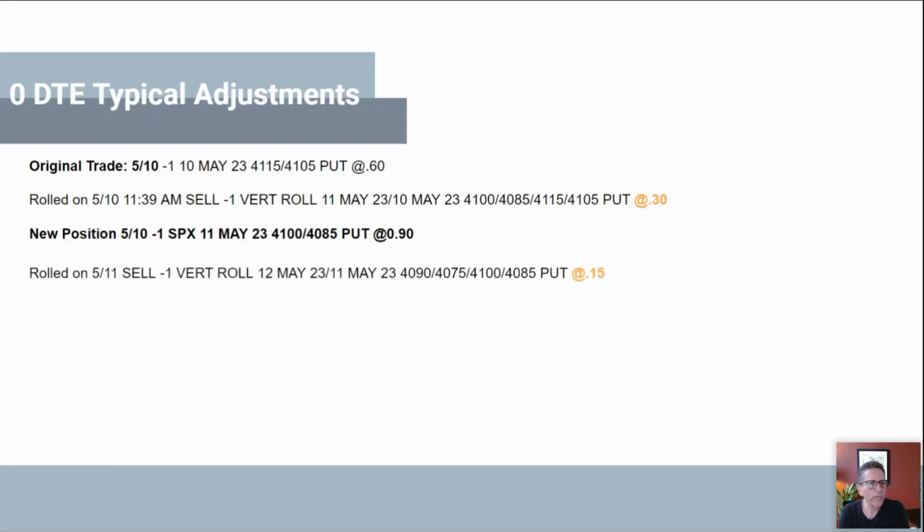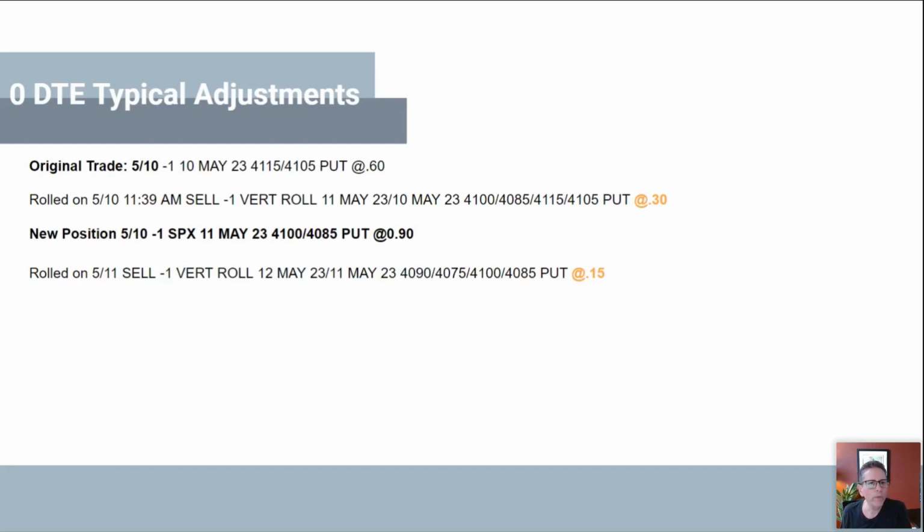Now we rolled it again because, even though the market was still above it, I wanted to move it further down because I didn't know where the market was going to go. So when you're in the next day, and you're close to the money, you want to roll it again to get it further distance, and so you kind of de-risk the trade. Okay.